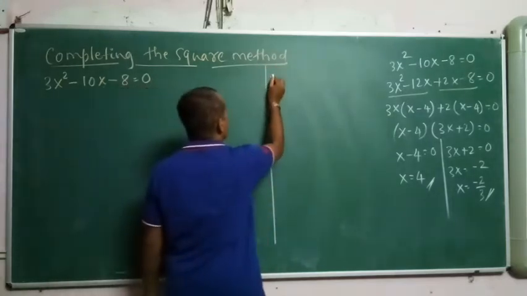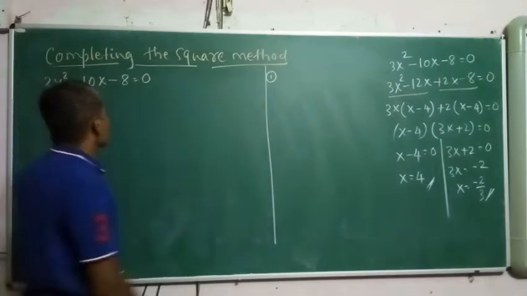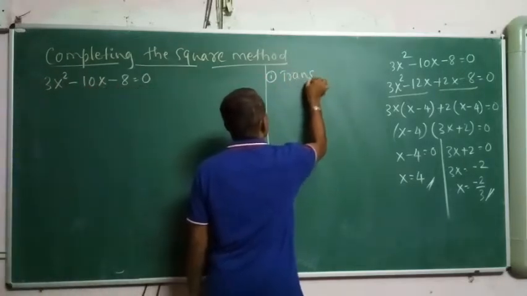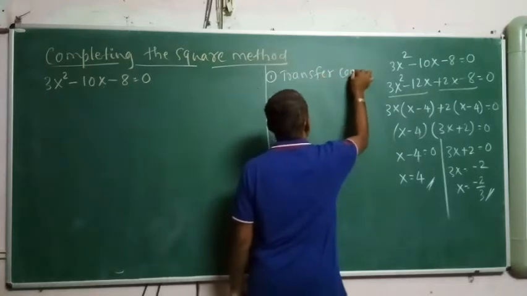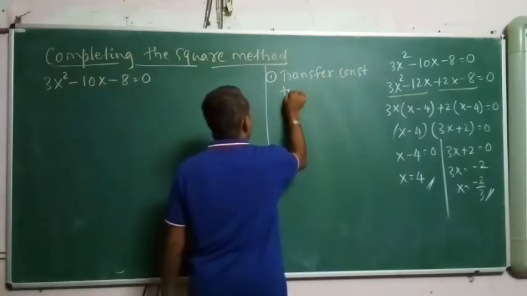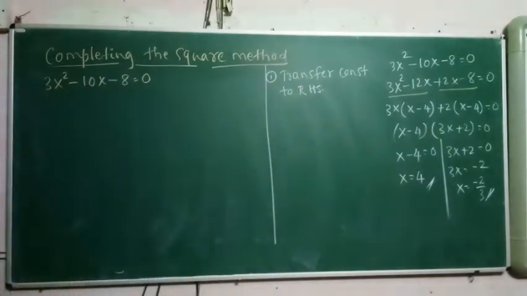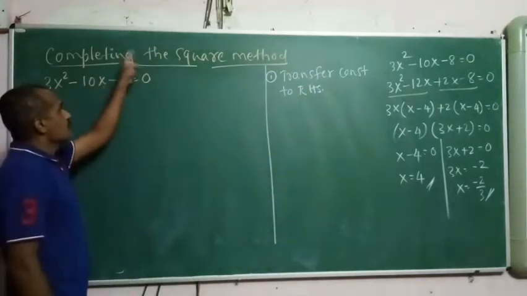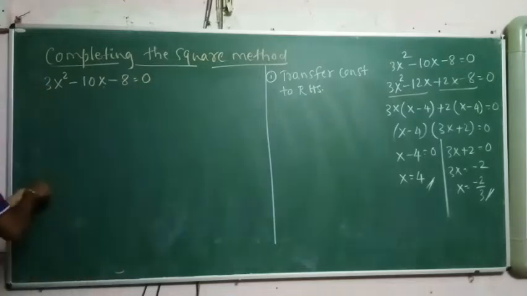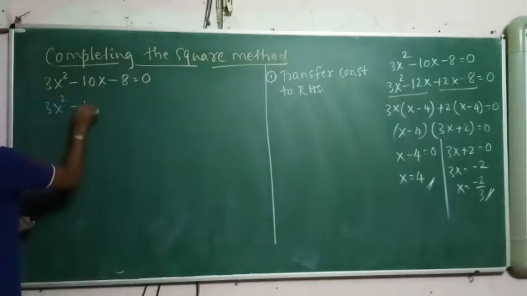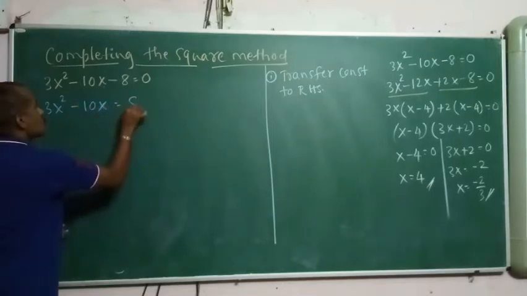Step number 1: transfer the constant to RHS. That means minus 8, I will shift to the right hand side. It will now be 3x square minus 10x is equal to plus 8.